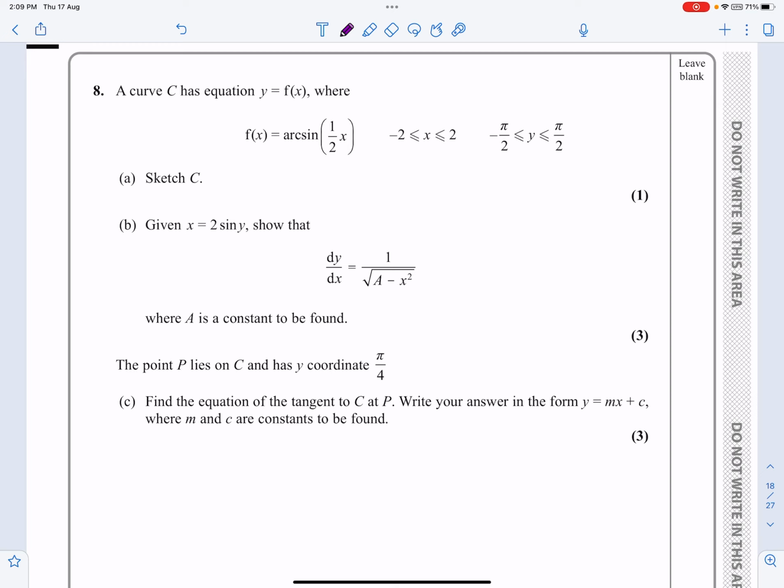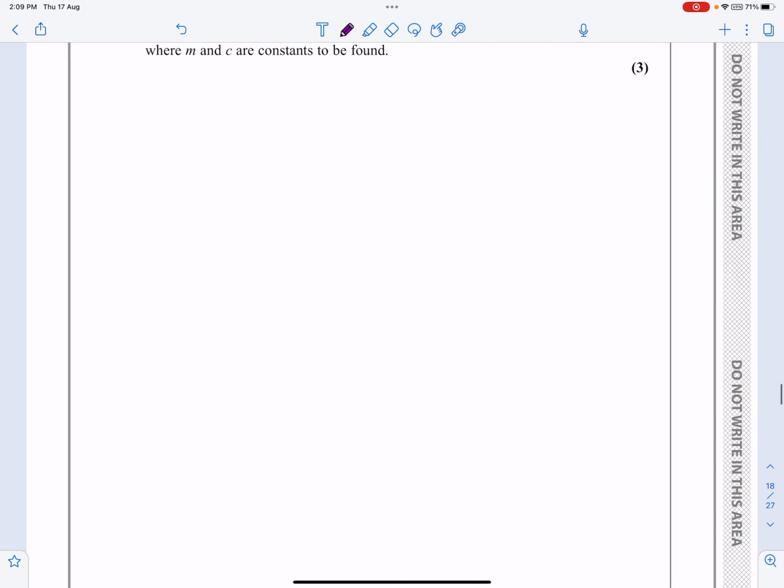Part A says, can we sketch f(x) equals arc sine of a half x between these values here? You can see it's only one mark because this absolutely is just a basic have you gone away and learnt what these graphs look like. So if I draw out a set of axes, you should automatically know, without any extra work, just go and learn these by rote, what arc sine x looks like.